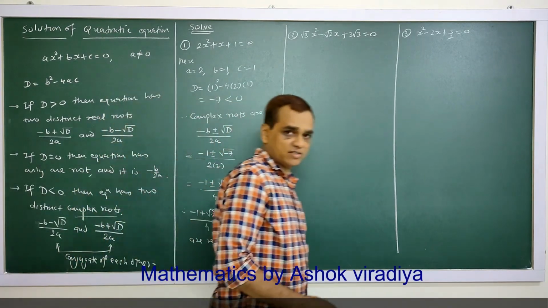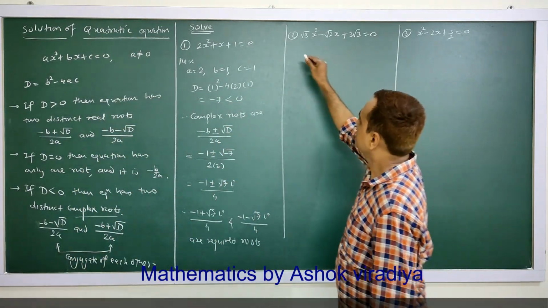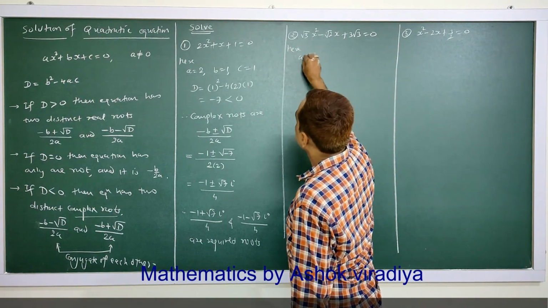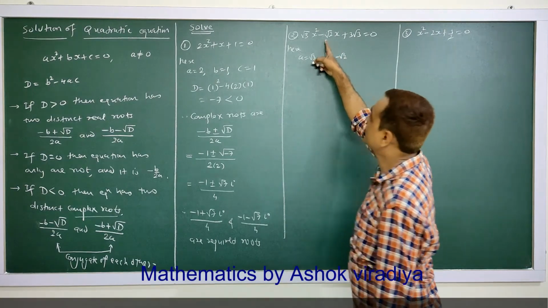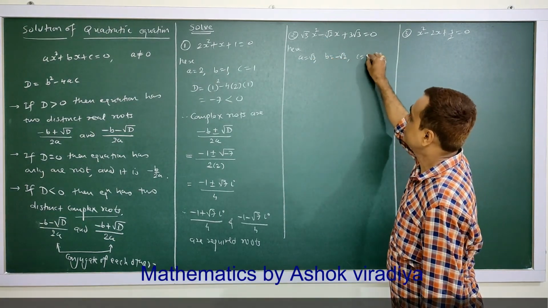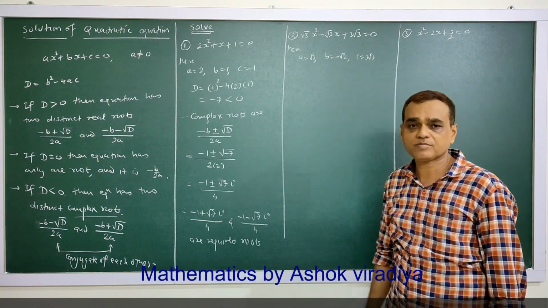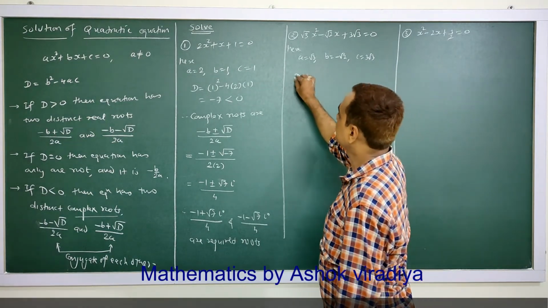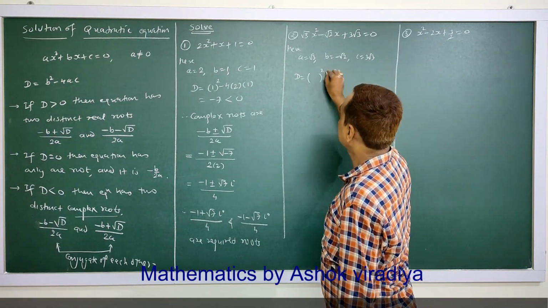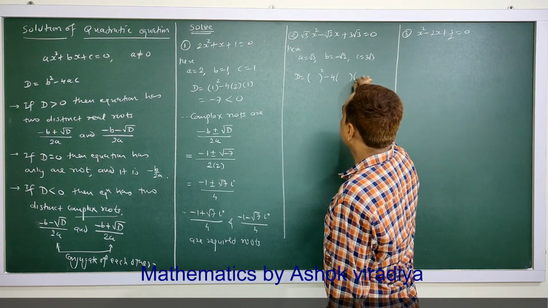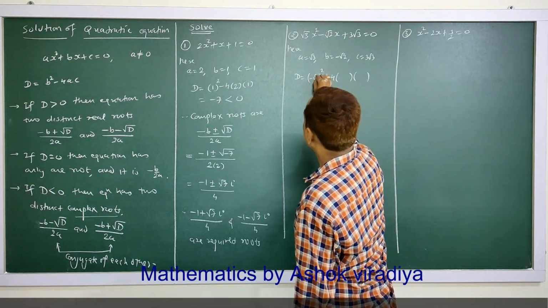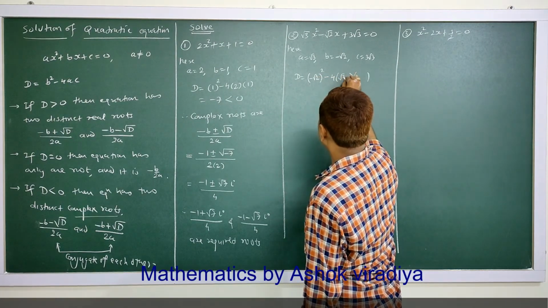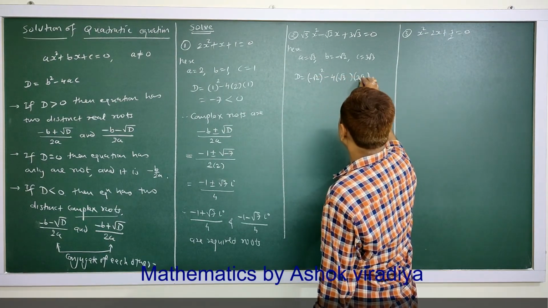For this question, here a is √3, b is -√2, and c is 3√3. Discriminant is b square minus 4ac. b is -√2, a is √3, c is 3√3.